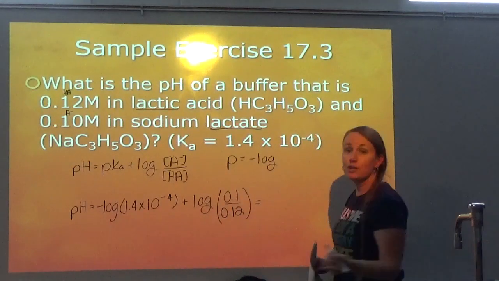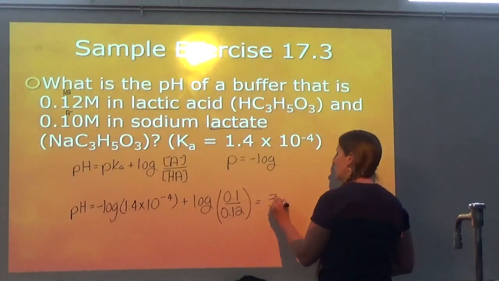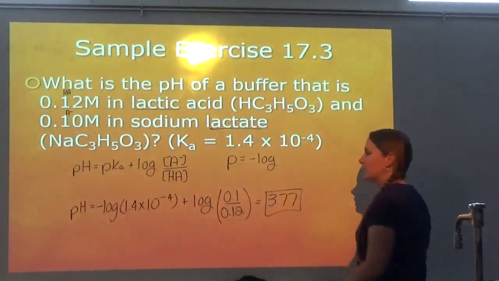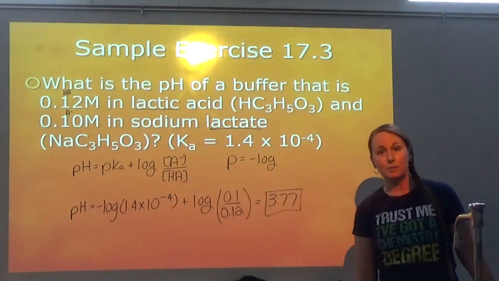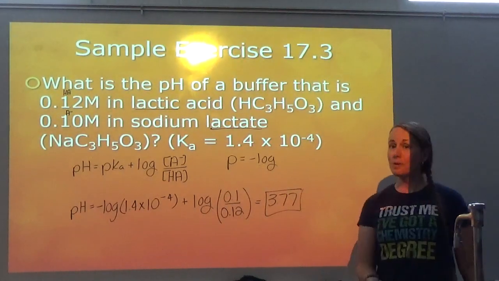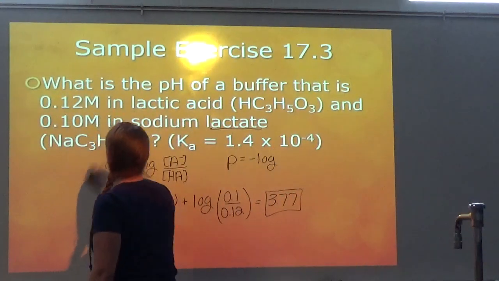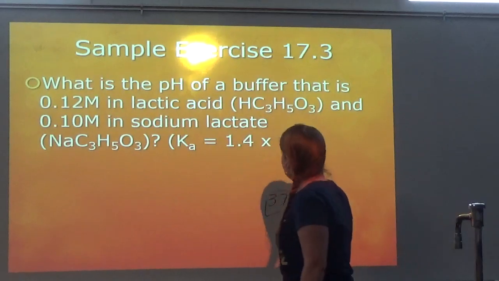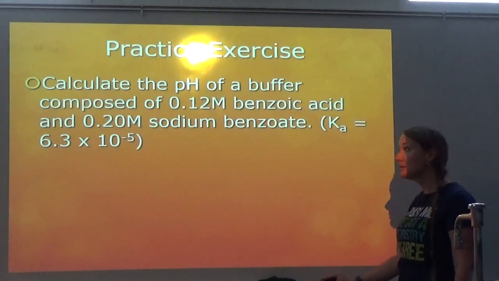Since pH has no units, I just dropped my units. Once I do that, instead of doing a super long ICE chart, I just plug some stuff in a calculator and get 3.77. This is why we love Henderson-Hasselbalch. If you realize it's a buffer, just count your many blessings, because it saves us from doing a whole ICE chart. Now let's see if you can plug into Henderson-Hasselbalch, which hopefully you can. It is literally basic math.